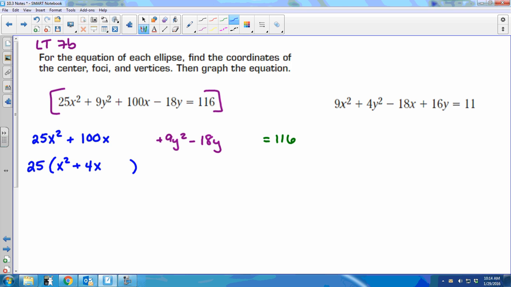Does that make sense? I'm doing the same thing for the y's. 9 and 18 have a common factor, so I can factor out a 9, and I have minus 2y left over. Everyone good so far?